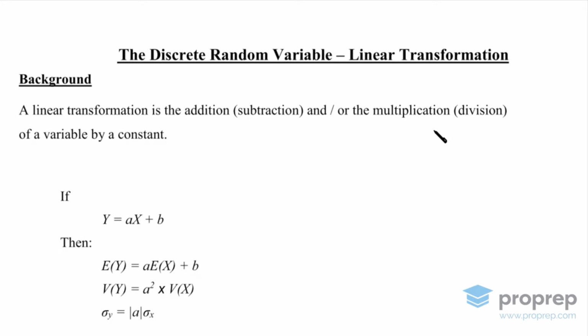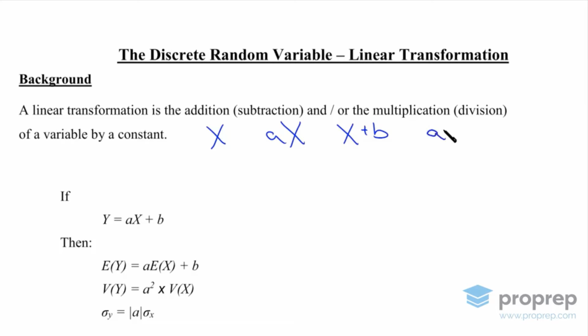So again, when we take a random variable and either multiply it by a constant or add a constant to it, we're basically doing a linear transformation. So we have a random variable, let's call it x, and we can either multiply it by a constant, let's call the constant a, or we take x and add a constant to it, let's call the constant b, or we can do both at the same time.